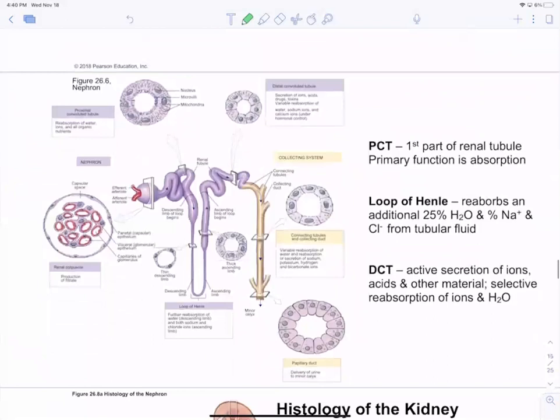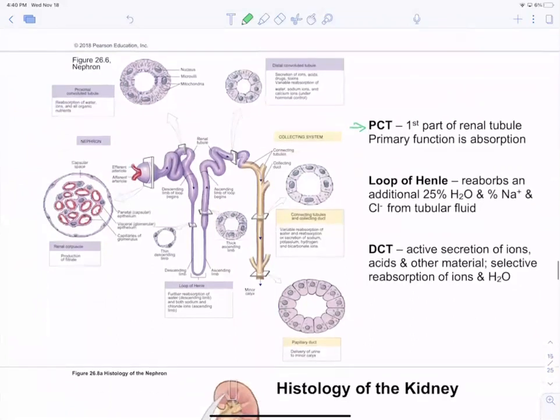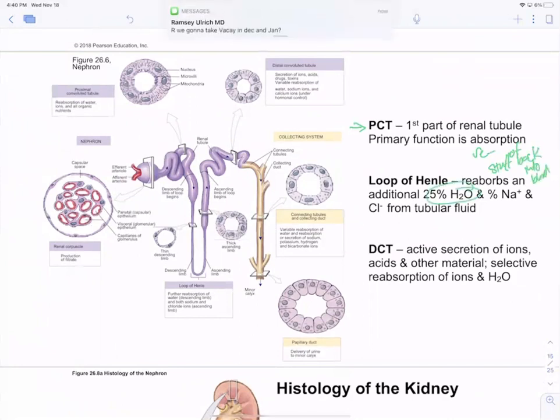And so when you get into physiology, you learn what's going on in the proximal convoluted tubule, which is primarily reabsorption of stuff back into blood. In the loop of Henle, you have a lot of water reabsorption and sodium chloride reabsorption.